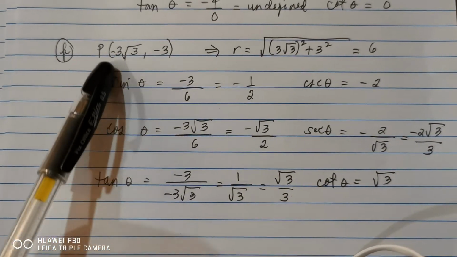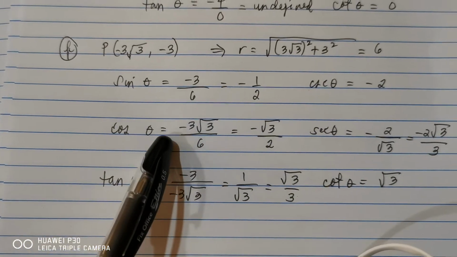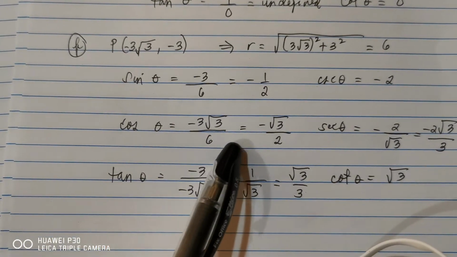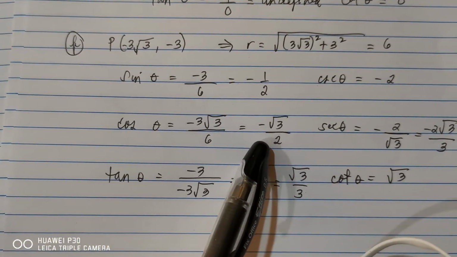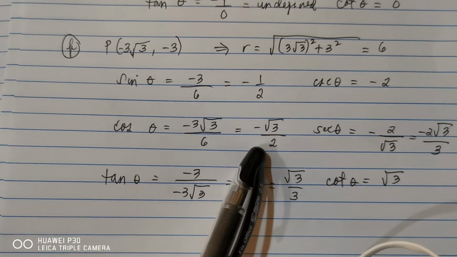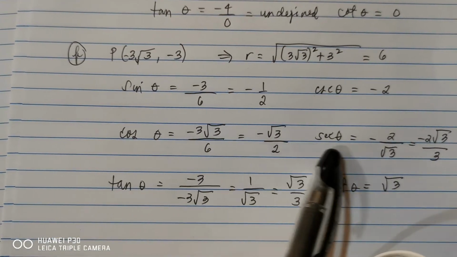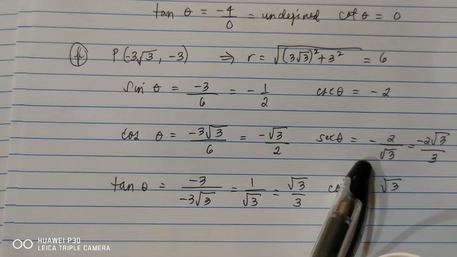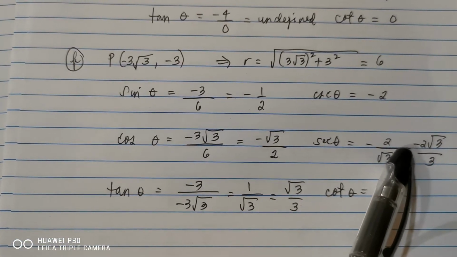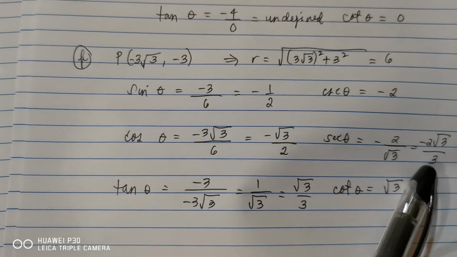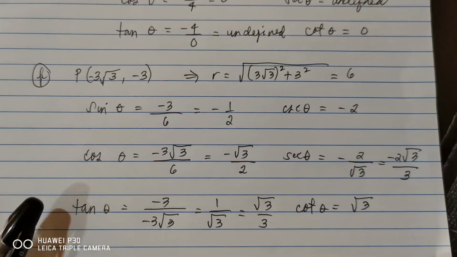Cosine theta is x over r, so negative 3 square root of 3 over 6 is negative square root of 3 over 2, and the reciprocal, secant theta, is negative 2 over square root of 3, or negative 2 square root of 3 over 3 after rationalization.